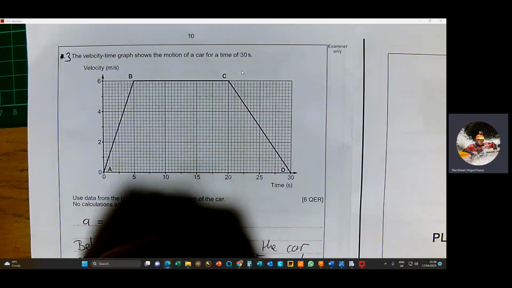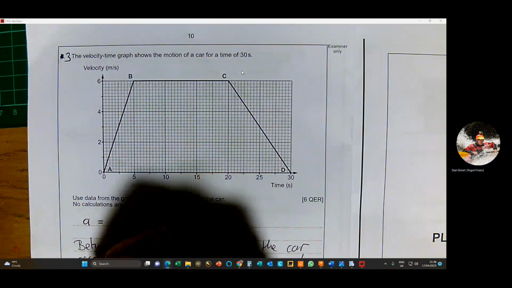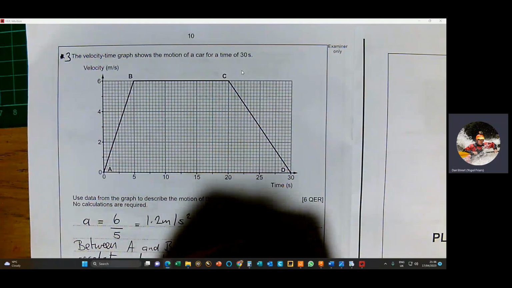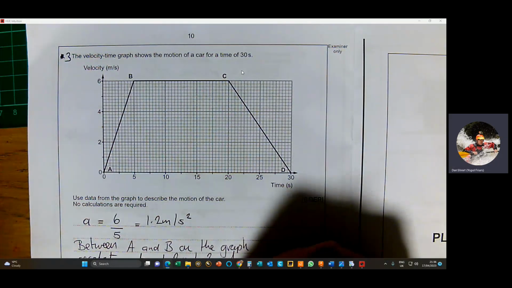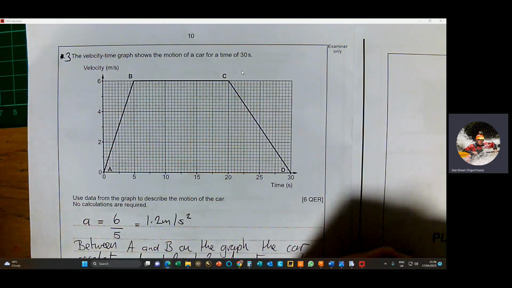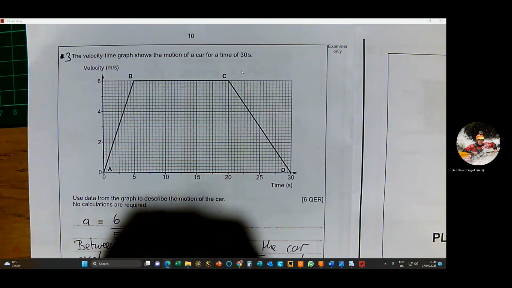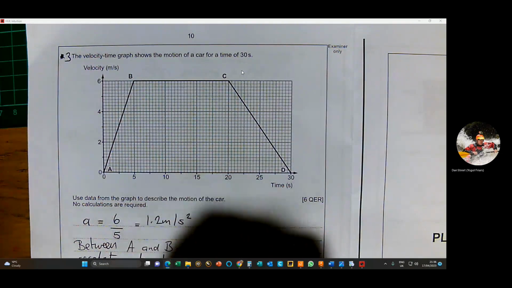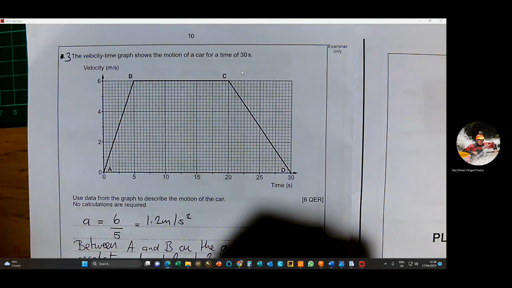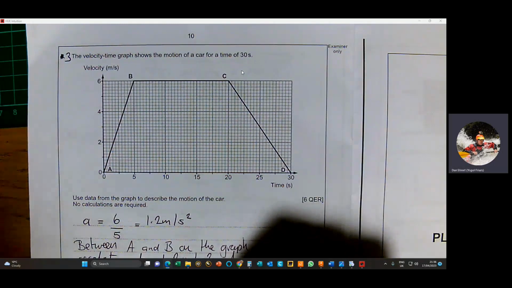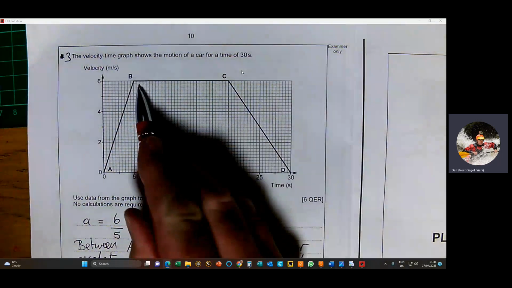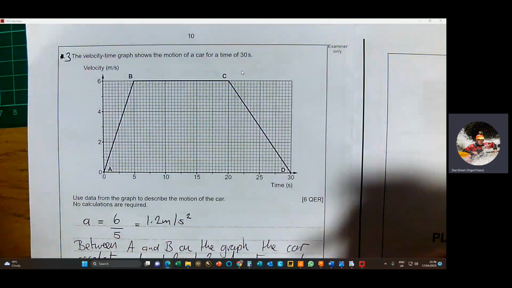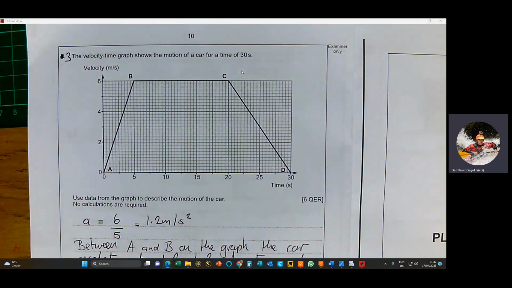So we could say between B and C, the car travels at a constant 6 meters per second for 15 seconds, because we started at 5 and we're finishing at 20. There are no calculations to do there because the graph is flat, it's a constant velocity.